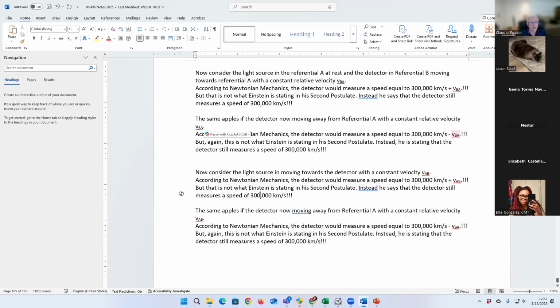He's saying that the detector still would measure 300,000 kilometers per second.